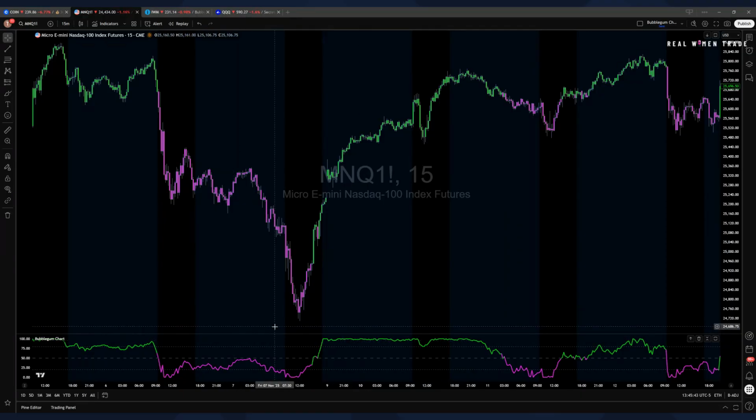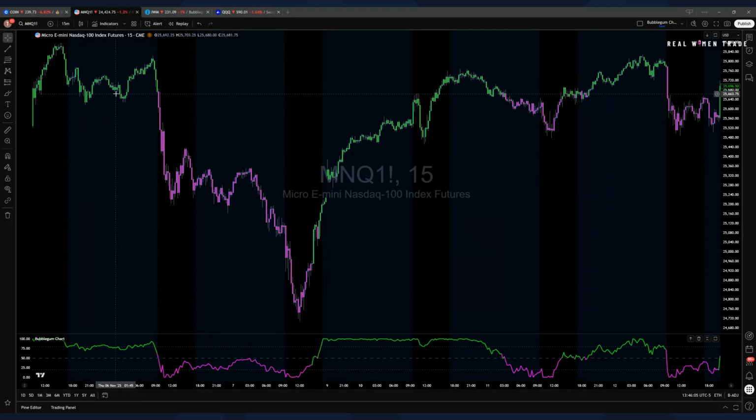And likewise, when the indicator is below the 20 and moving down, there's selling going on. So this right here is November 6th, and we'll just go through a few days using the chart.